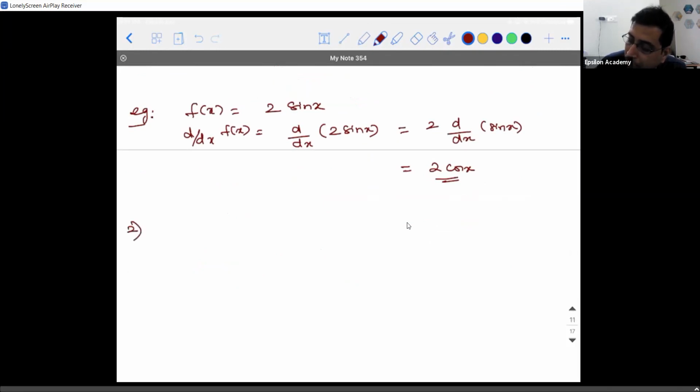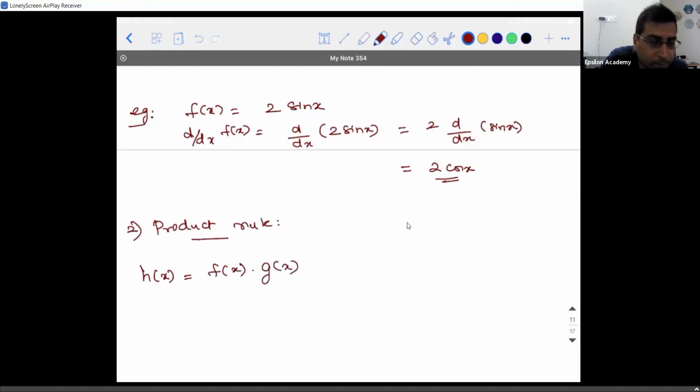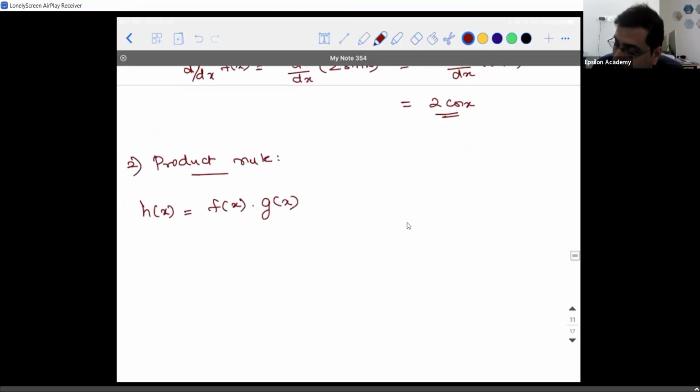Second property is called the product rule. Suppose there is a function h of x which is a product of f of x and g of x. Then d by dx of h of x is going to be how much? Anybody knows?